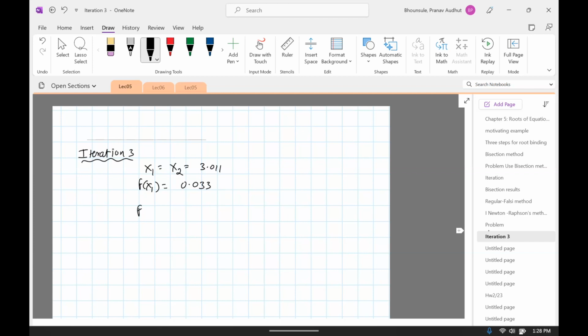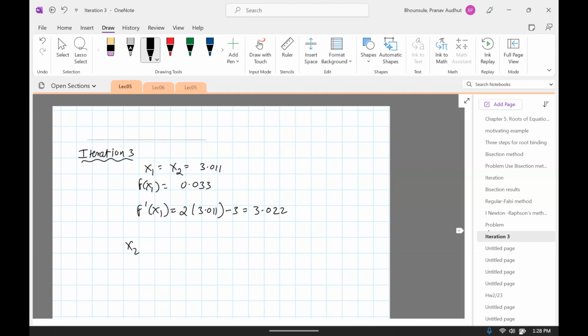And then f prime of x1, we need to compute that. It's 2 times 3.011 minus 3, which is 3.022.